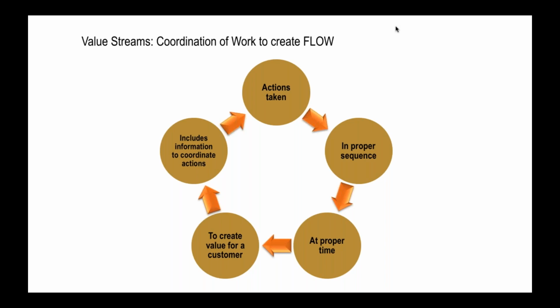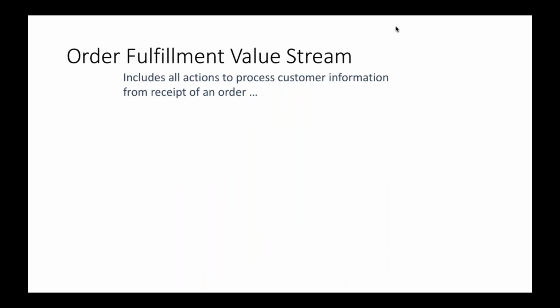The primary value streams of lean businesses are called order fulfillment value streams. And underneath the heading here is really the detailed definition, explanation of what a value stream is. So order fulfillment value stream includes all of the actions to process customer information from receipt of an order.